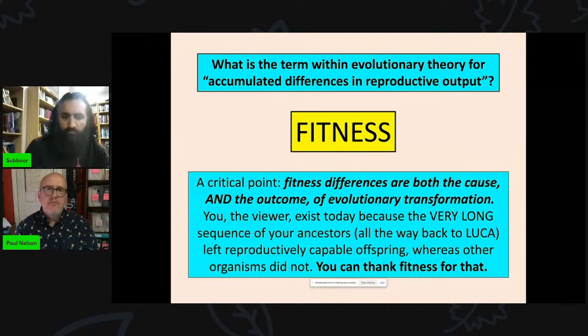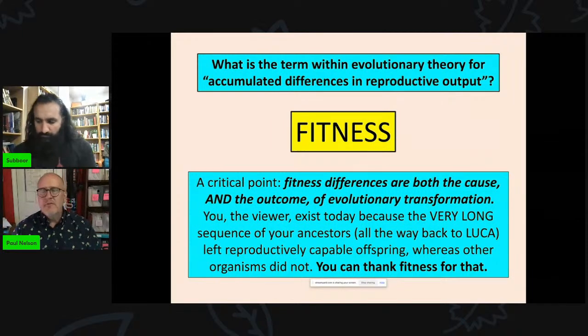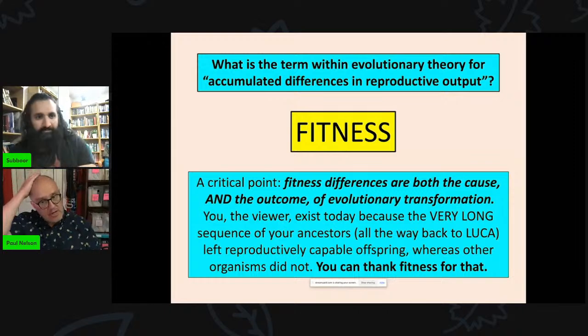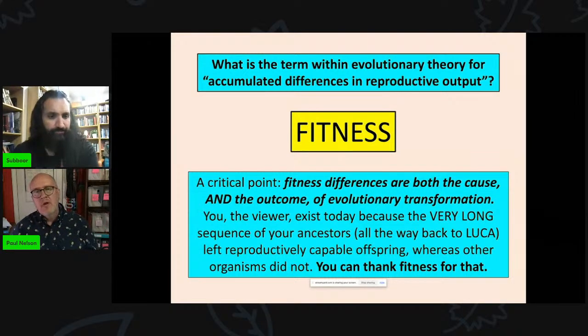So you, the viewer watching this on YouTube or wherever, you exist today because of the very long sequence of your ancestors, not just your human ancestors, your primate, hominid, mammalian, vertebrate ancestors, work your way back down the tree of life, ultimately to LUCA, the last universal common ancestor. The fact that your ancestors left as offspring reproductively capable organisms, that explains why you're here today.